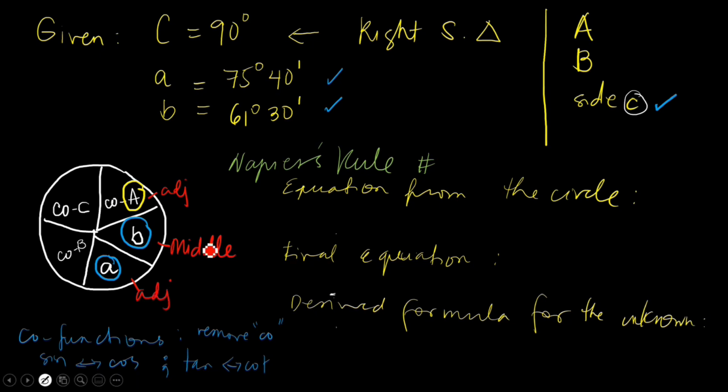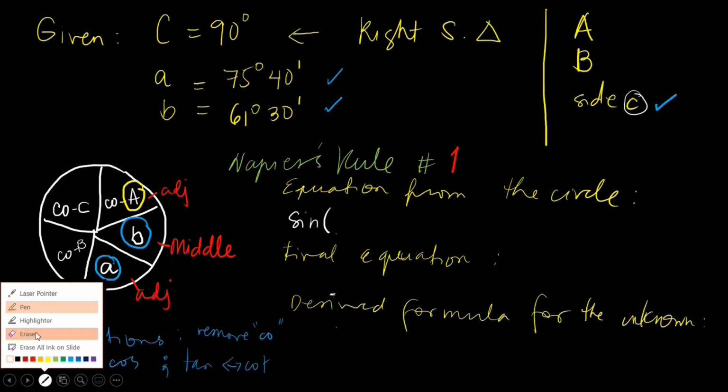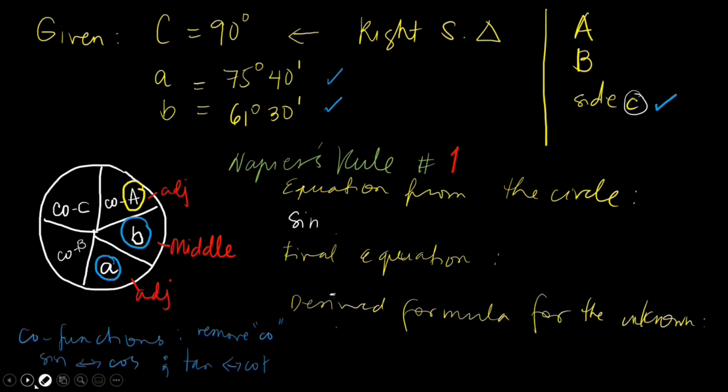Now, with the middle and adjacent parts, what we're going to use is Napier's rule number one. In Napier's rule number one, the sine of the middle part, so the middle part is B, we're not going to use parentheses because it doesn't have the CO. So we can just write sine of the middle part B equals the product of the tangent of the adjacent parts.